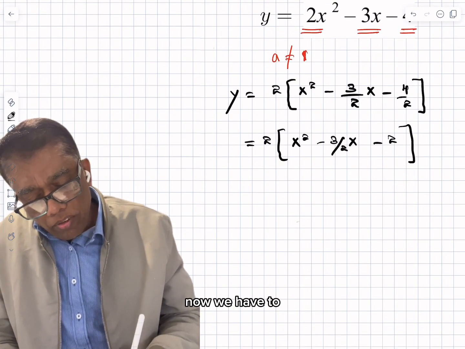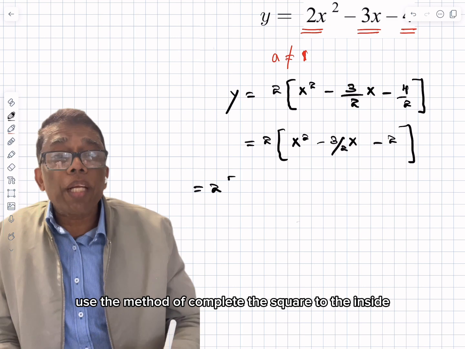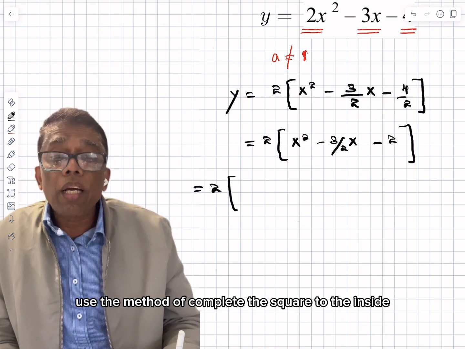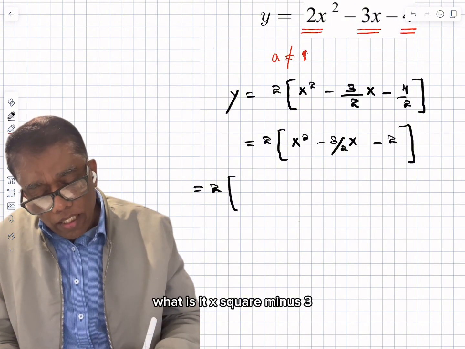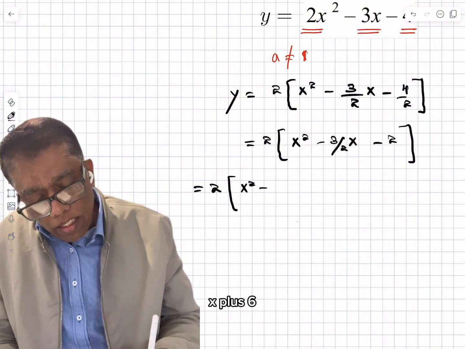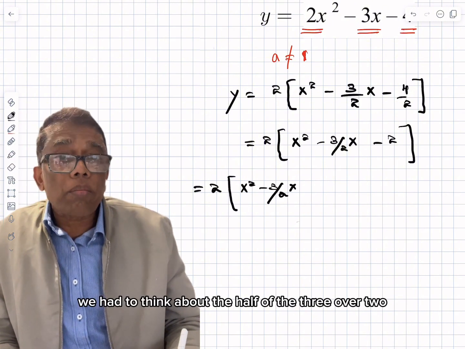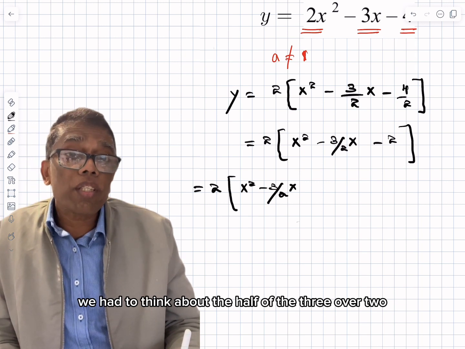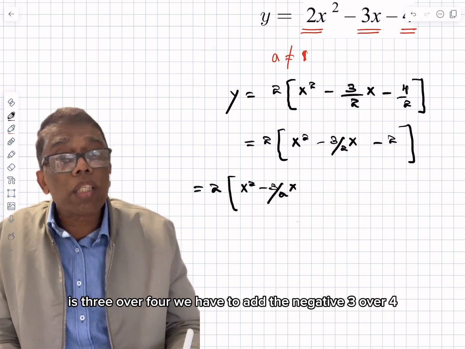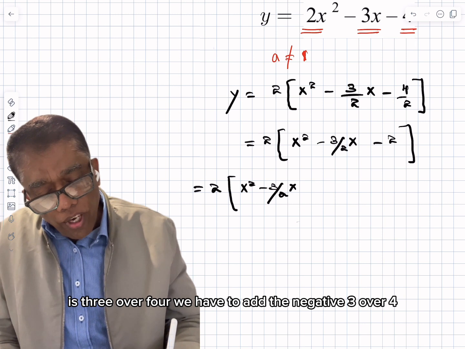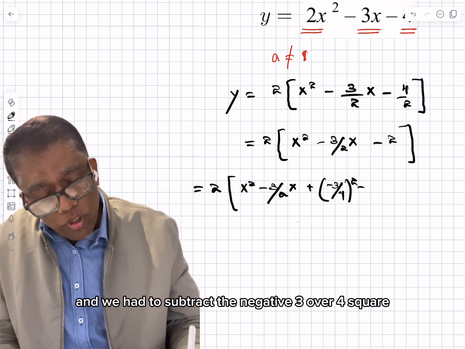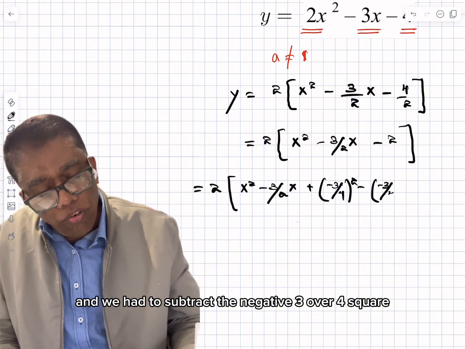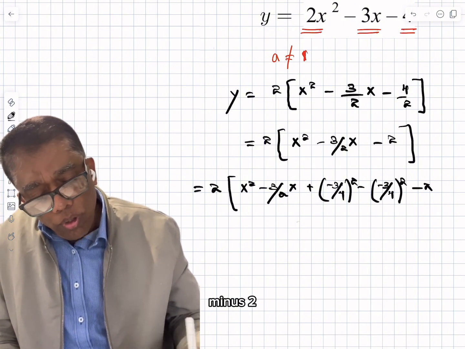Now we have to use the method of completing the square on the quantity inside the bracket. What is it? x square minus 3 over 2 x. We have to think about half of 3 over 2. What is half of 3 over 2? It is 3 over 4. We have to add (negative 3 over 4) whole square, and we have to subtract (negative 3 over 4) square, minus 2.